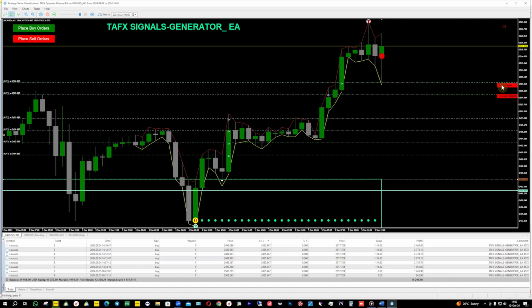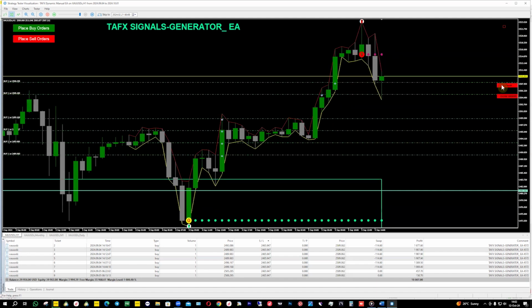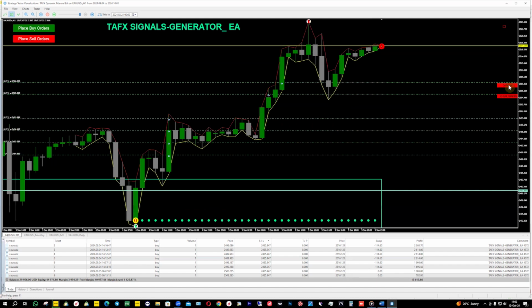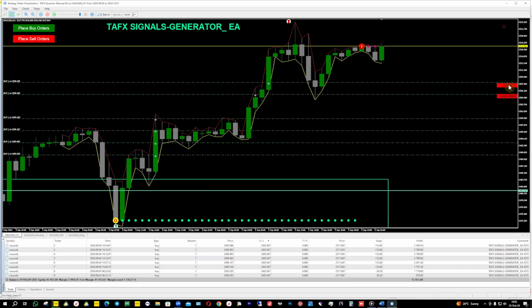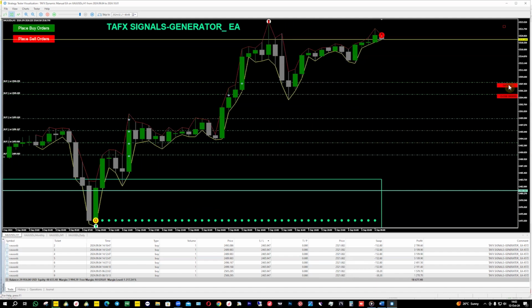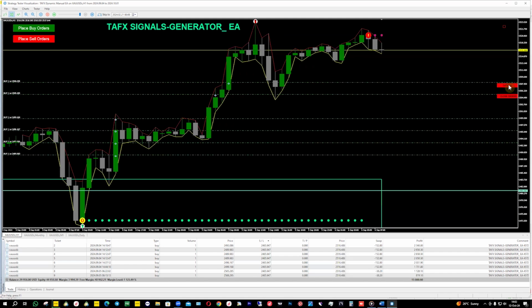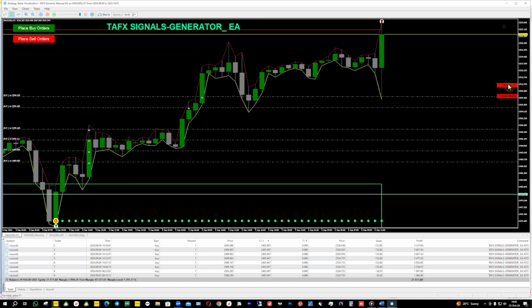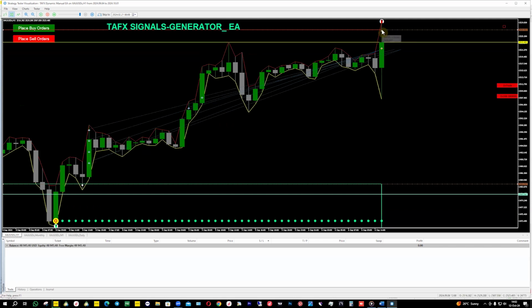It does fasten somehow. All right. That is an indication of a reversal, but the market is still going up. Still going up, guys. Going up. Trying to reverse again, going up, and then closed.